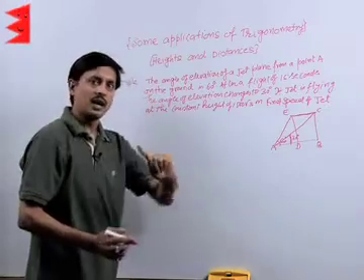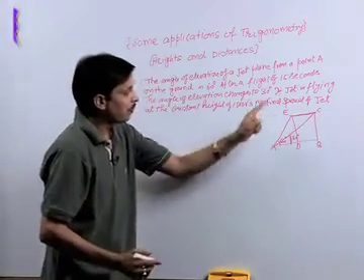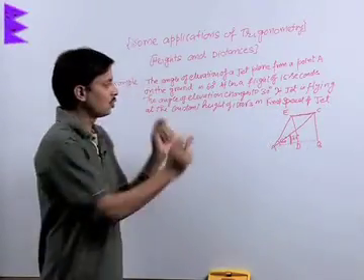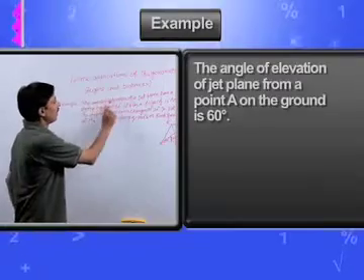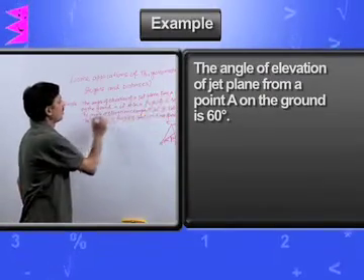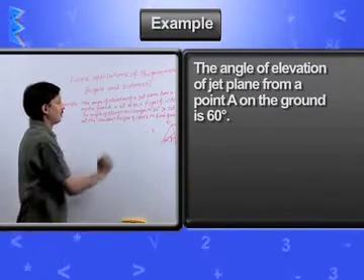The time taken by the plane from reaching point E to C is how much? 15 seconds. The angle of elevation of a jet plane from a point A on the ground is 60 degrees, situation number 1.